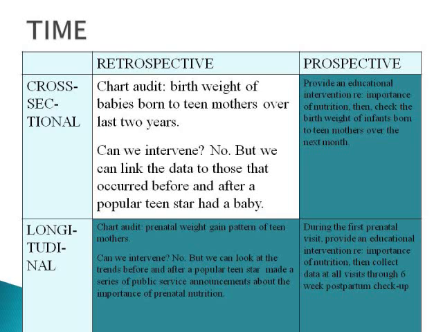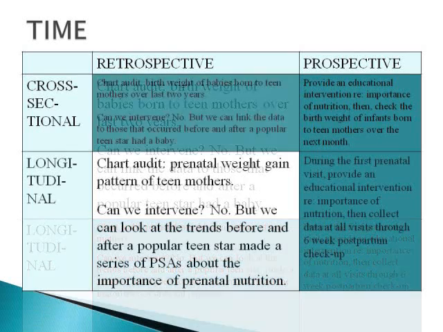A retrospective cross-sectional study. We can do a chart audit. That's again looking at occurrences from the past of birth weights of babies born to teen mothers over the last 2 years. Can we intervene? No, it happened in the past. But we can look at the rates before a popular teen star had a baby and the rates after she had a baby.